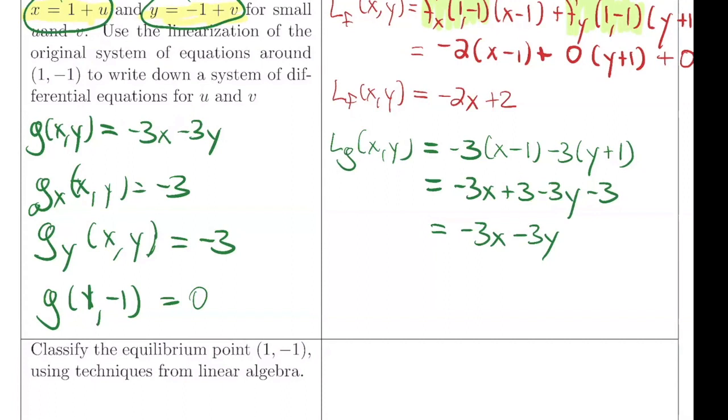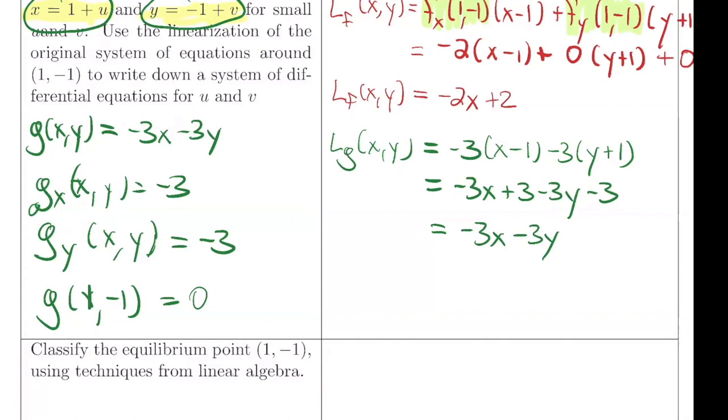We're going to think about u and v as telling us how far away we are from the equilibrium. In some sense, we're transporting this equilibrium into a different universe where our variables are u and v, representing how far away we are from the equilibrium that we are interested in looking at.